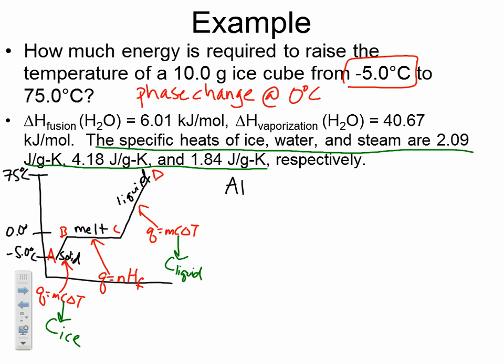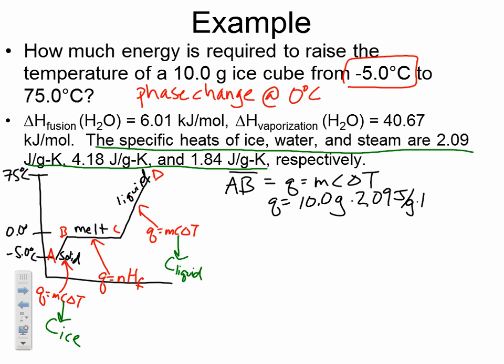So doing this math, we're just going to do 3 Q calculations for these 3 different line segments. AB is Q equals mc delta T, and we have a 10 gram sample. I'm going to use the specific heat of ice here because at AB I have solid water, not liquid water, so that's 2.09 joules per gram Kelvin times the change in temperature, which is a change of 5 degrees Celsius, also a change of 5 Kelvin, because it's about the difference.